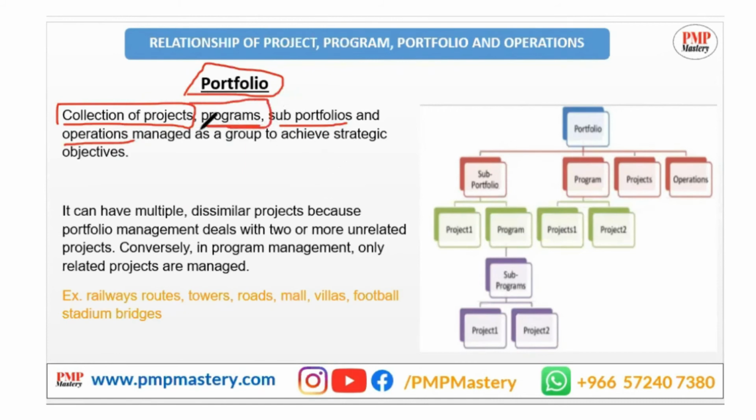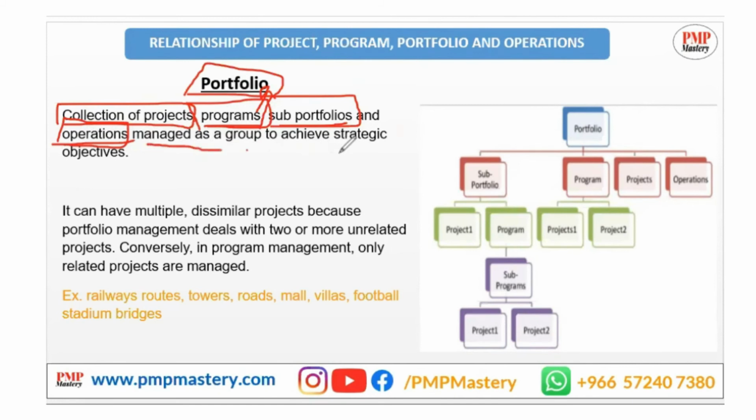Plus, if there is any program, like the metro station program with so many related projects, that program is under the portfolio as well, along with any sub portfolio. And of course, if there is any operation, that is a core business of your organization, and that is also handled under the portfolio.